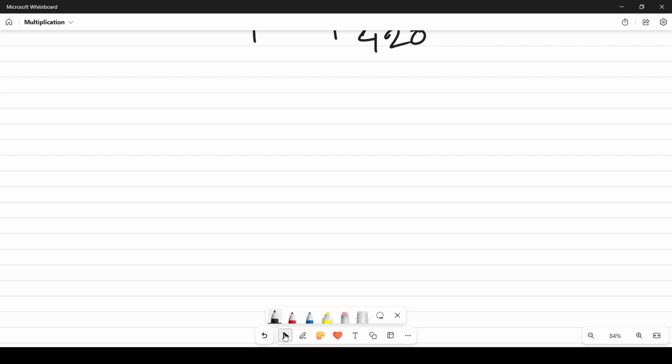With the column method we'll be going from bottom to top. What do I mean by that? Let's take the same example, then it will be clearer. So the second method is column method.